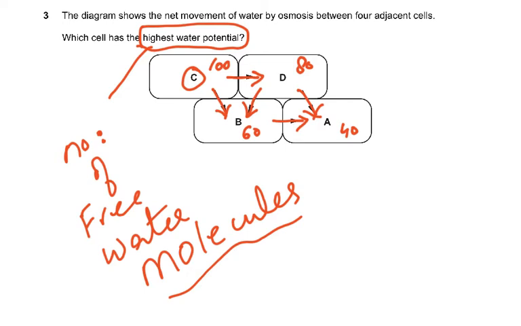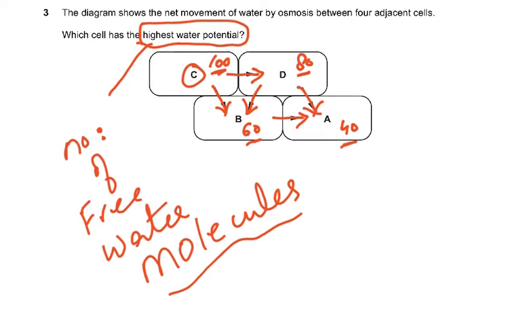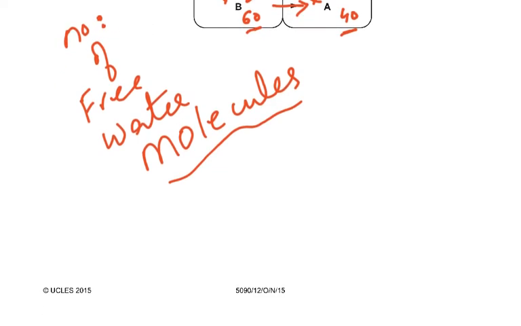So the highest potential would be of C because they're moving from C to D and C to B and D to B and then B to A and D to A. So it's a very simple way to remember it. 100 free water molecules here, 80 here, 60 here, 40 here, and that is how they're moving from a higher water potential to a lower water potential. And this is something which we need to understand in the questions on osmosis.